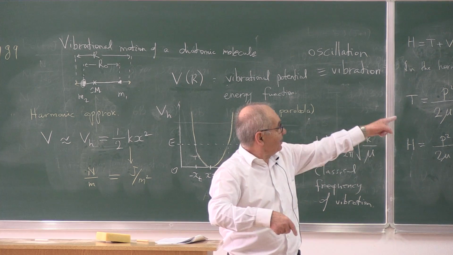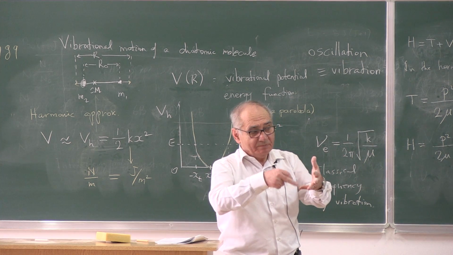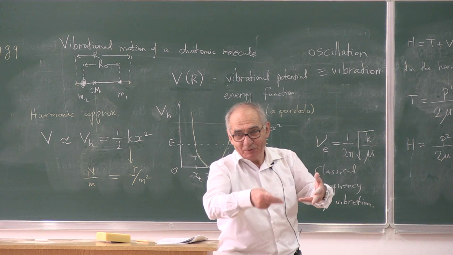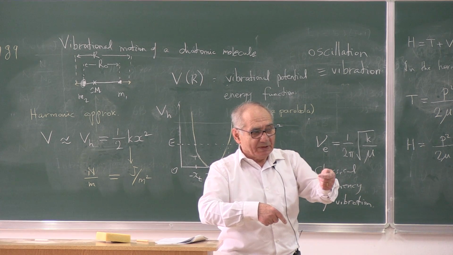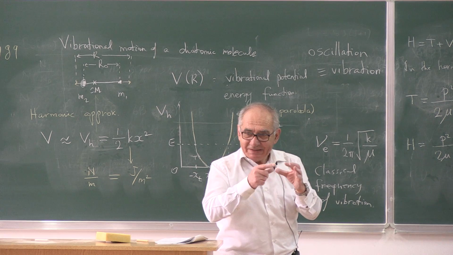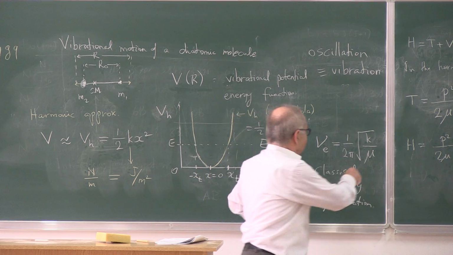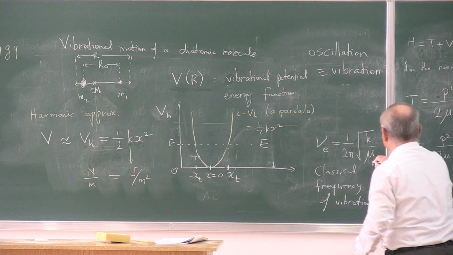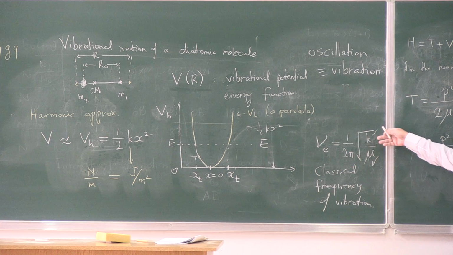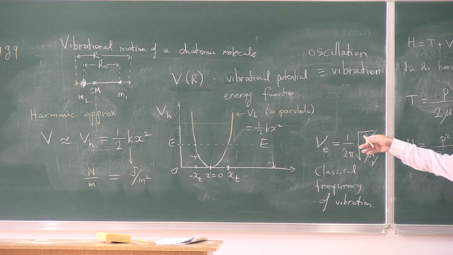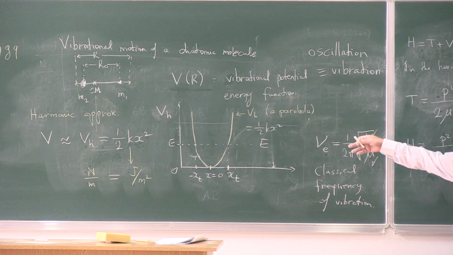We just calculate mass of hydrogen times mass of hydrogen divided by 2 mass of hydrogen, which gives us 1 over 2 mass of hydrogen. So that data is given. Reduced mass is given. Force constant is also given. And there is no other thing that we need to calculate frequency.